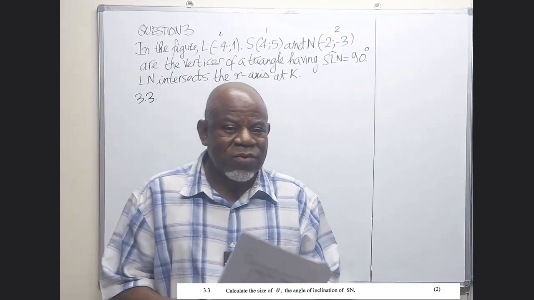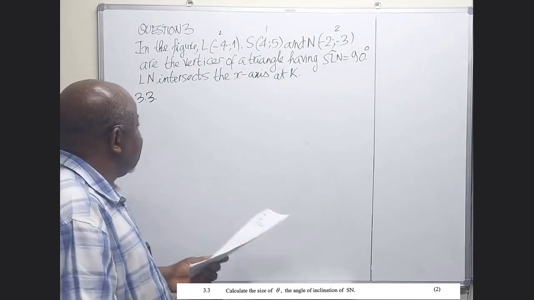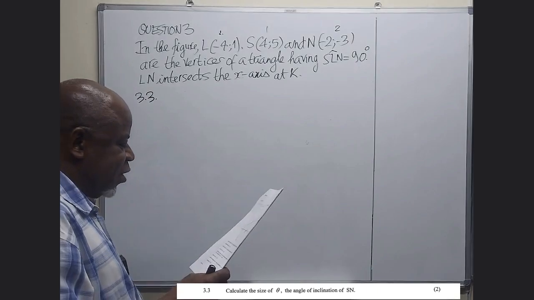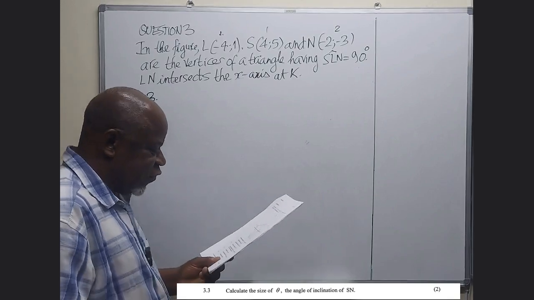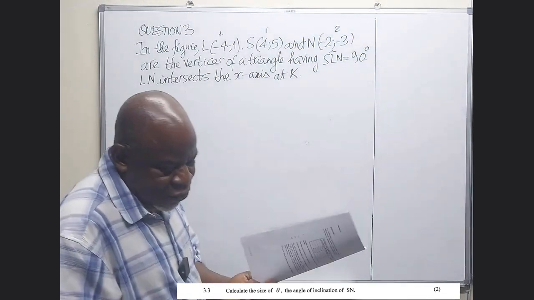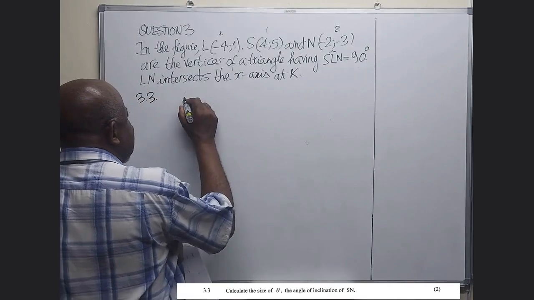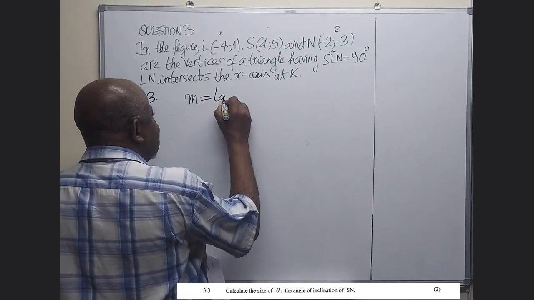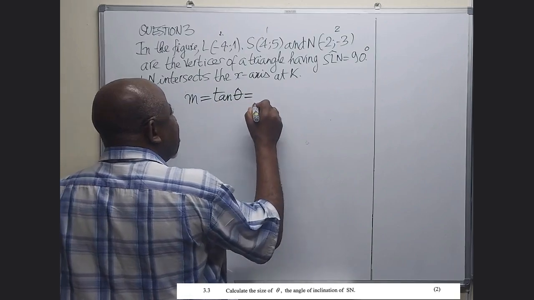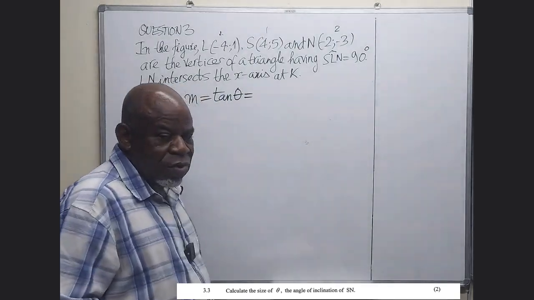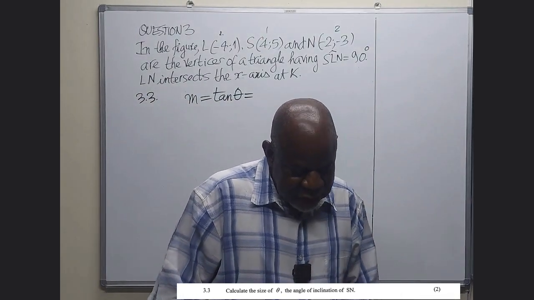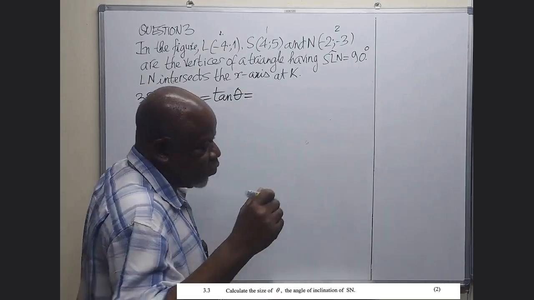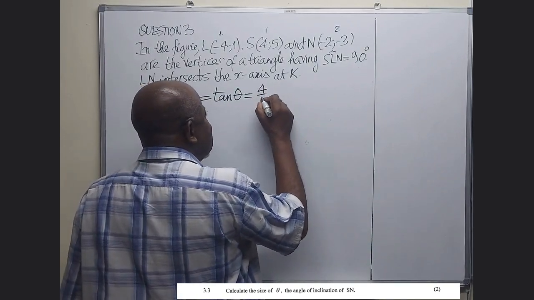Now we're going to take question 3.3. They're saying calculate the size of angle theta, the angle of inclination of SN. So here, what are we going to do? We'll say M is equal to tangent theta, and we got already previously that the gradient of SN is 4 over 3.